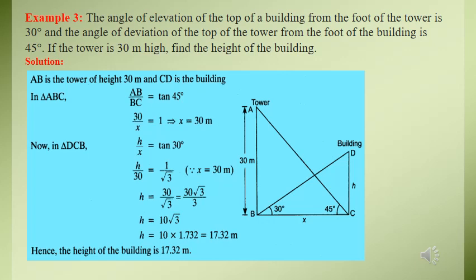So h is 30 by root 3. After rationalization, 30 root 3 by 3, that is 10 root 3. After calculating, the height is 10 into 1.732, that is 17.32, and that is the height of the building.